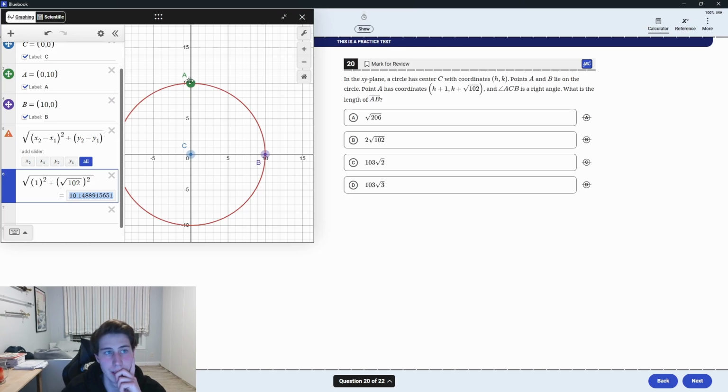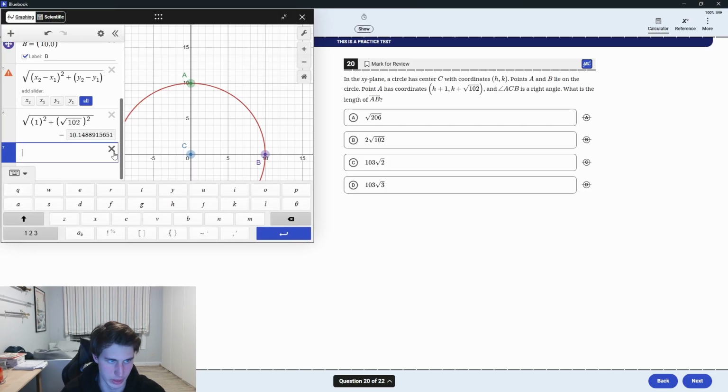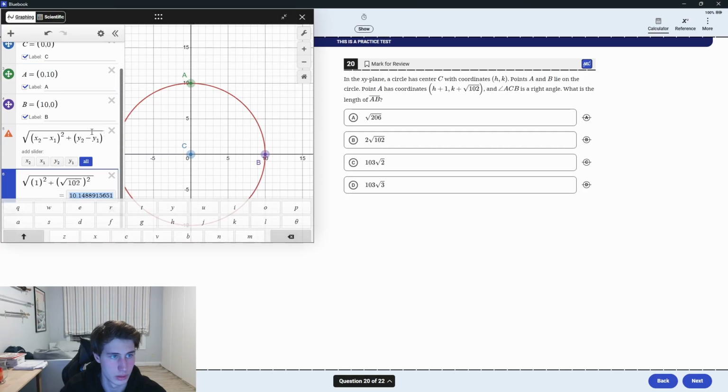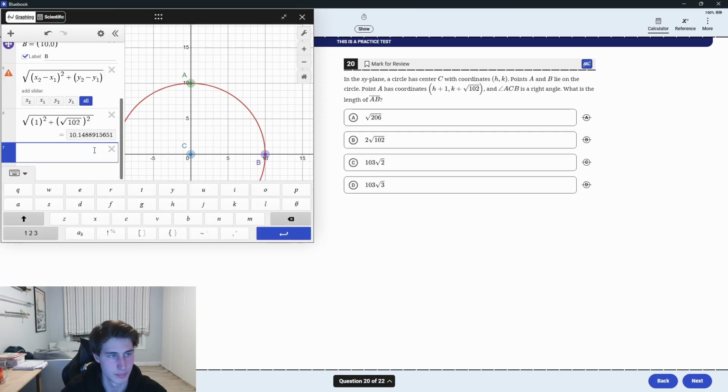So now, if we know that ACB is a right angle, which is stated right here, we have to find the length of AB. So in this case, AB is going to be the hypotenuse, and we have AC. So it's just going to be Pythagorean theorem again. So we can copy this number, 10.14889. We can round it. It's most likely close enough.